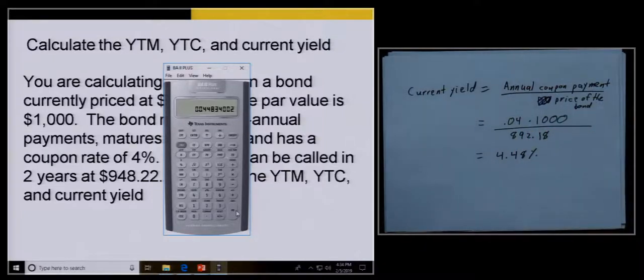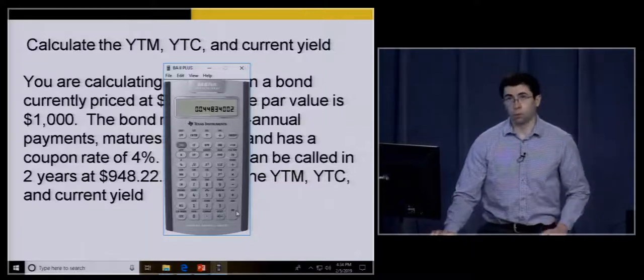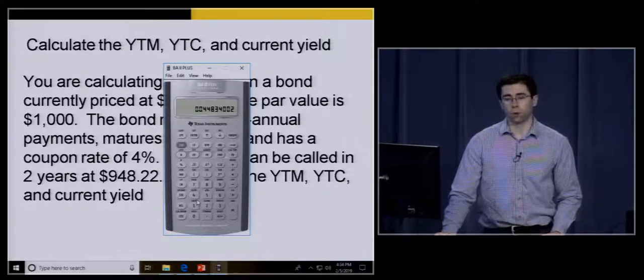So if we purchased this bond, we would receive 4.48% of our present value every year as coupon payment. Or I guess I should say total from our 2 coupon payments.